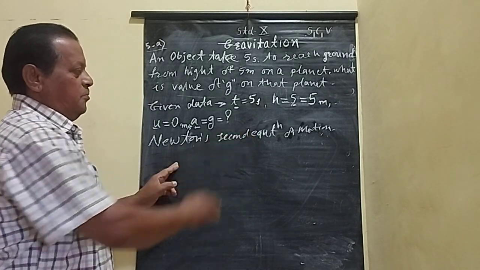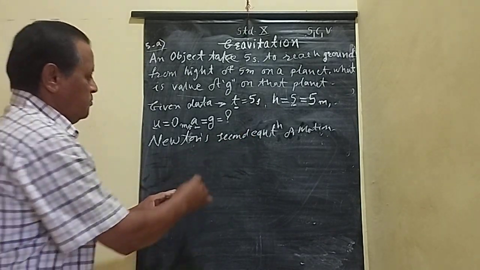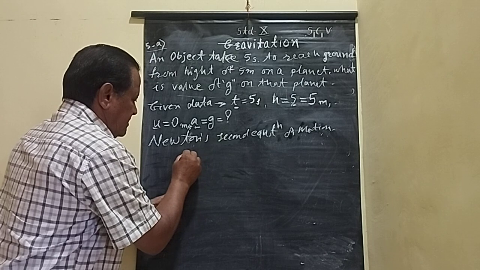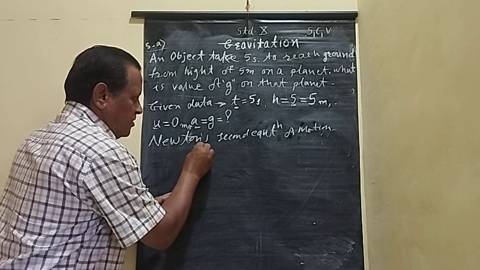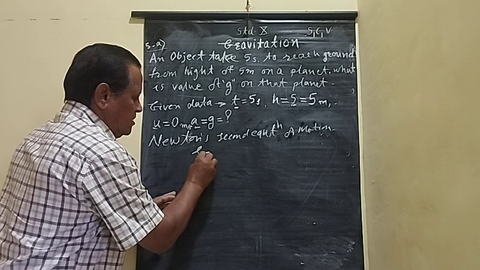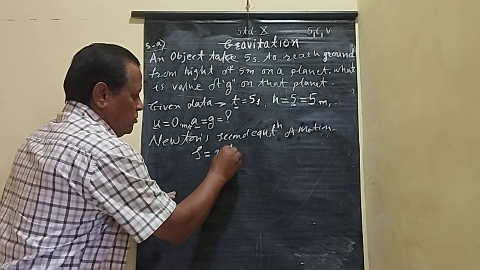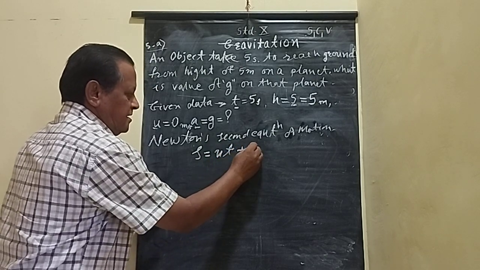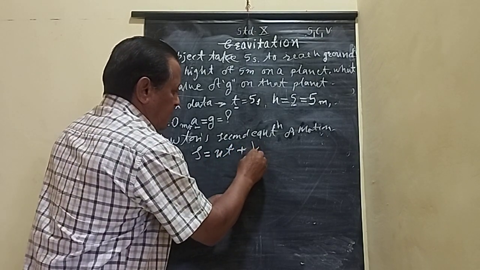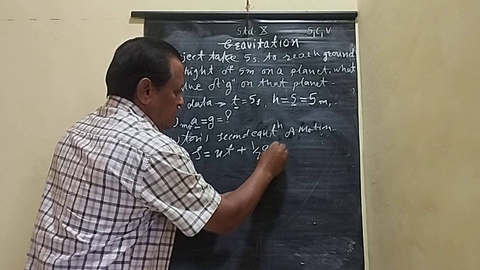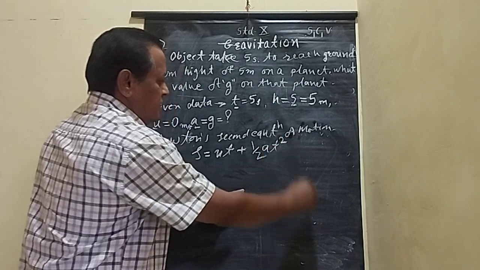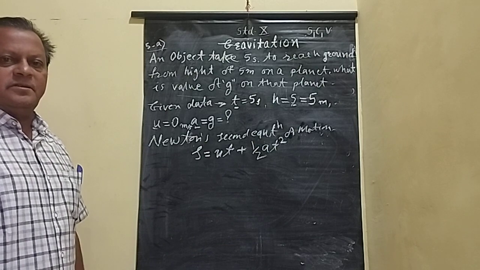Newton's second law of motion, which is s equal to ut plus half a t square.